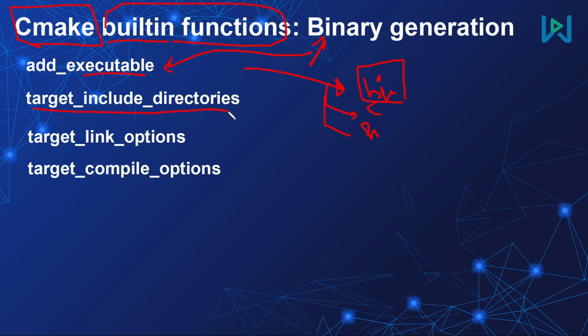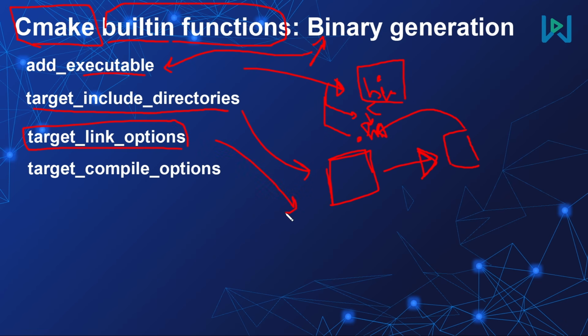target_include_directories is another CMake built-in function, and it does specify the directory locations where we have our header files. Those directory paths are needed by the compiler to identify the location of those headers, and hence it will be able to compile properly the different sources that include those headers. target_link_options will specify the set of linker flags and options to be passed to the linker.